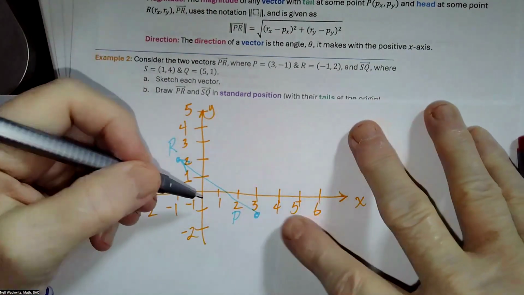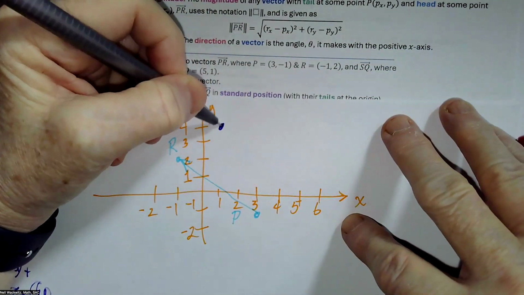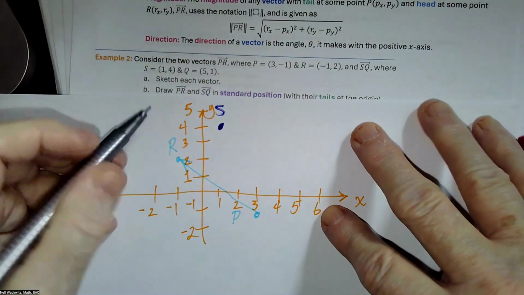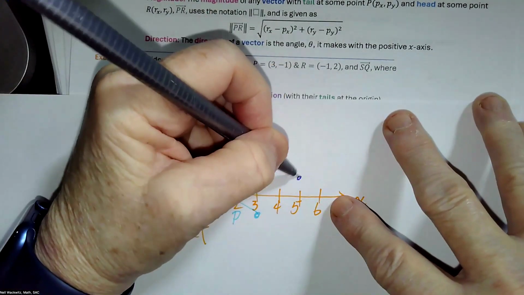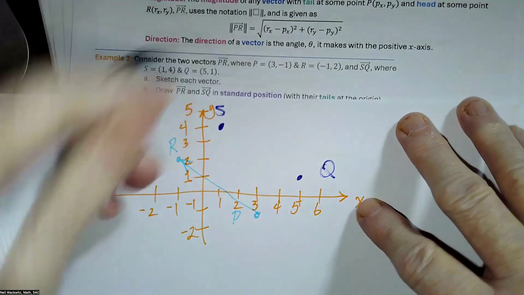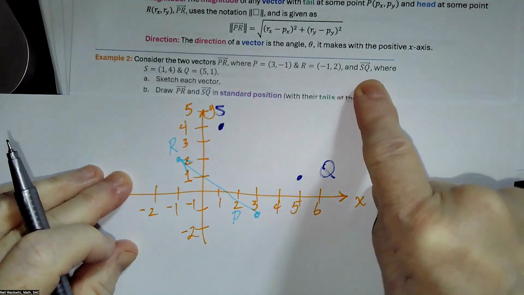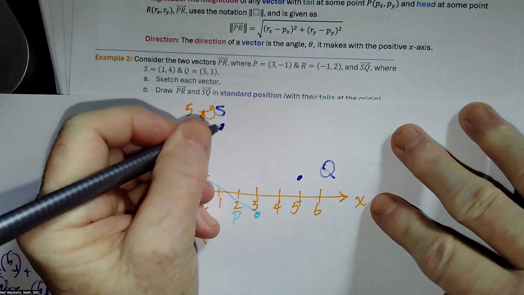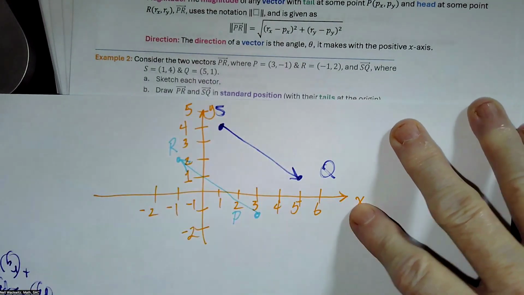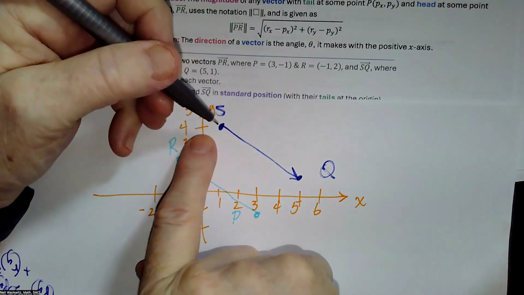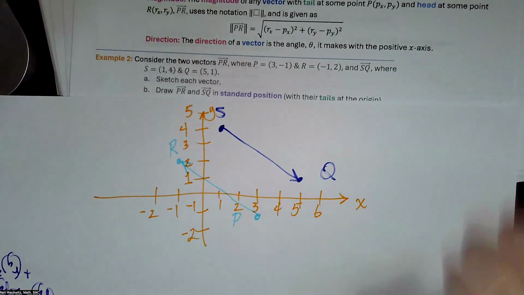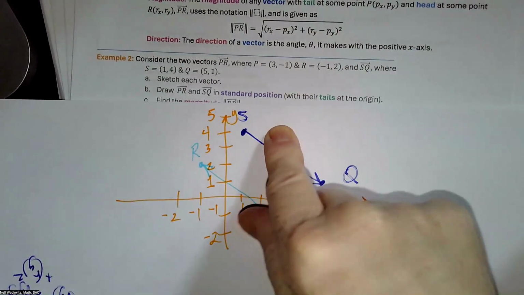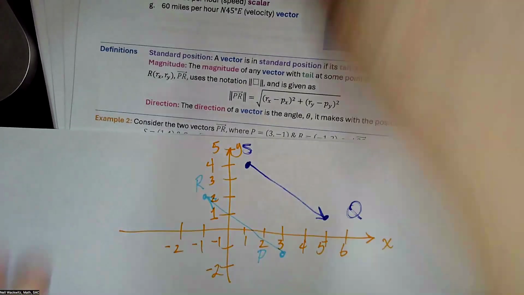S is 1, 4. Q is 5, 1. So that SQ is the vector going from S to Q. And, oh, I missed this.